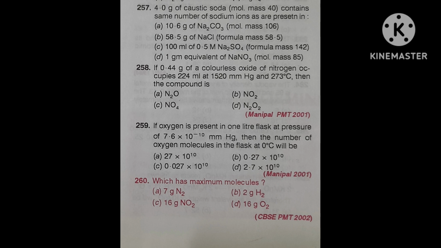P1, V1 and T1 are given. P1 pressure is 1520, volume is 224, and T1 is 546. The temperature given in the question is 273 degrees Celsius.